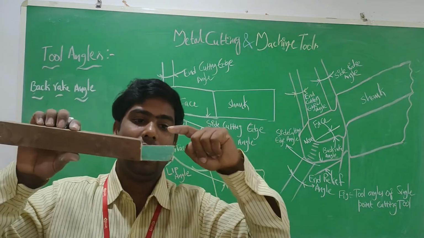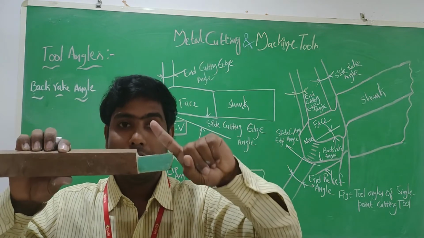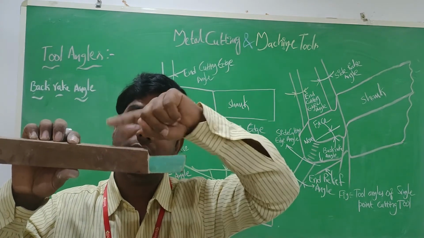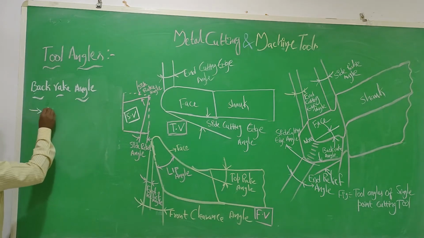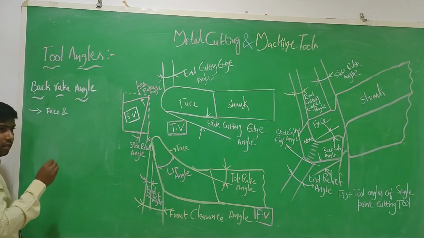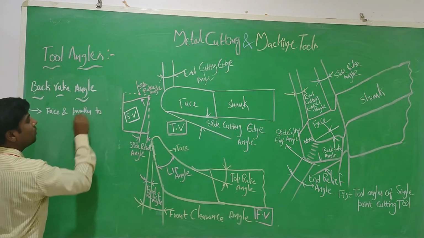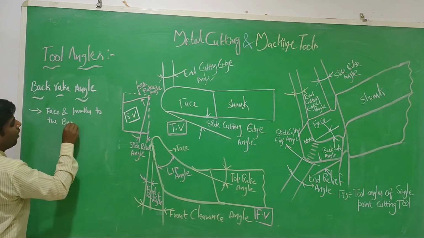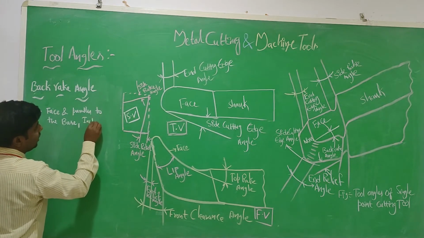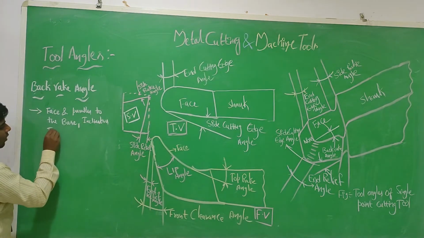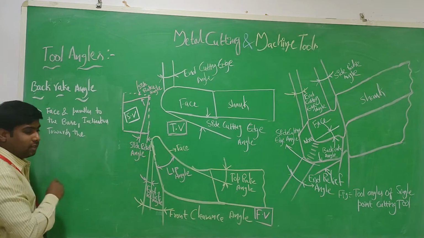Friends, one more time: the angle between the face of the tool and a plane parallel to the base, but the inclination should be towards the shank, that is called the back rake angle.